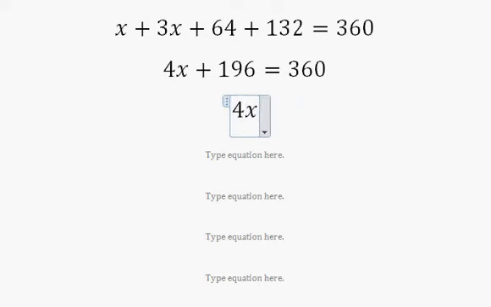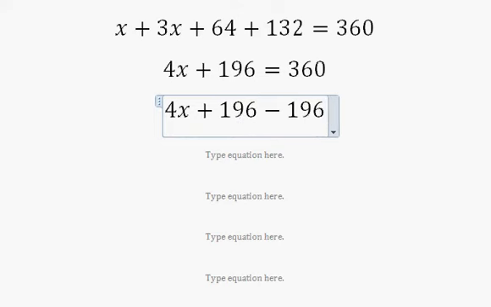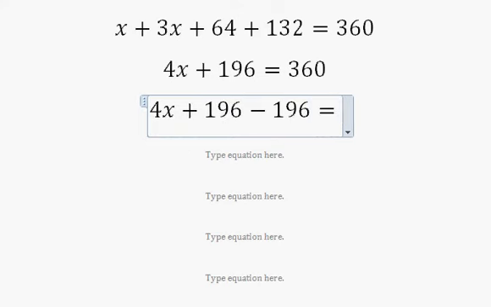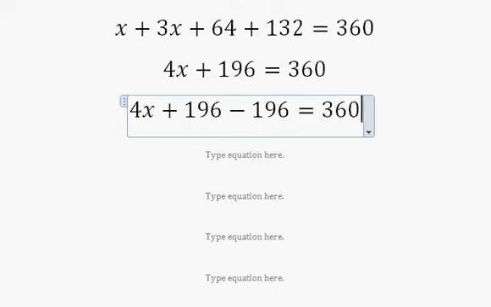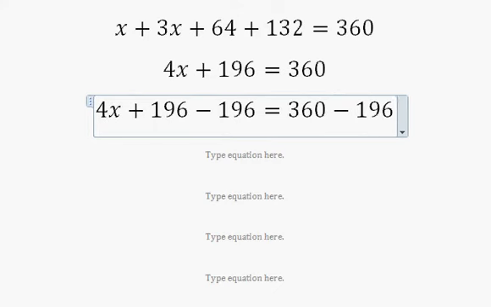So we can write down 4x plus 196 minus 196, because we're just subtracting away that 196, is equal to 360 minus 196. We subtracted 196 from this expression on the left, so to keep things equal, we must also subtract 196 from the right expression.